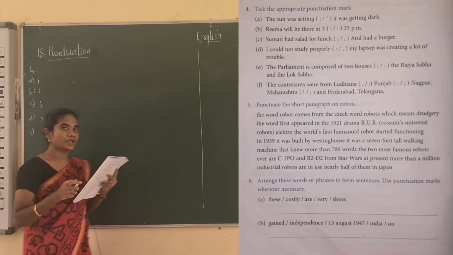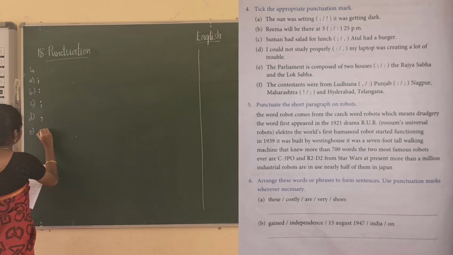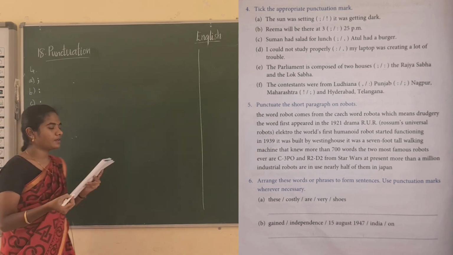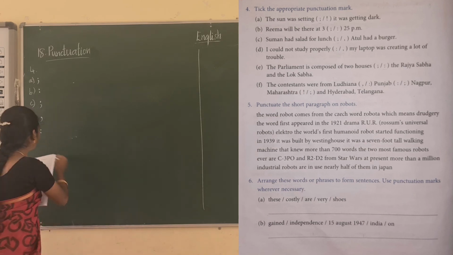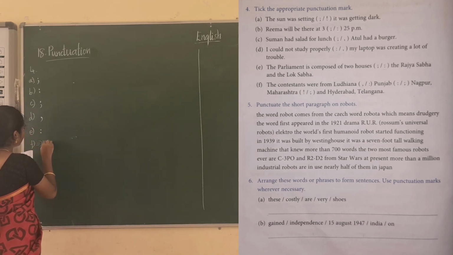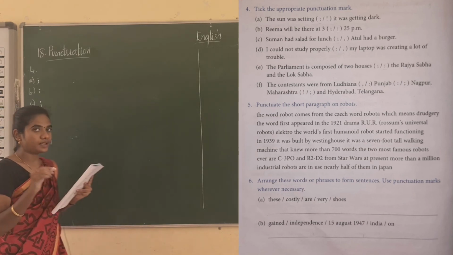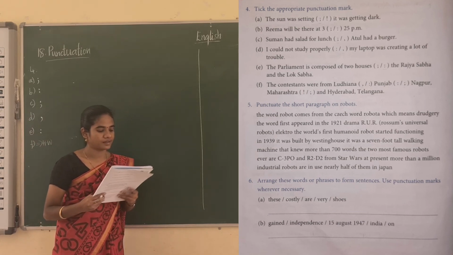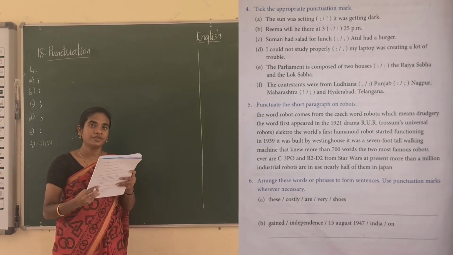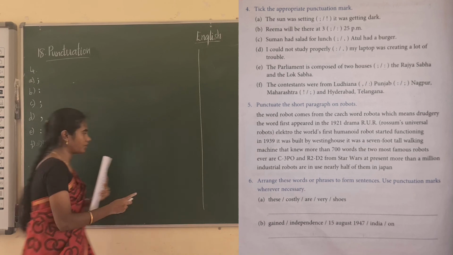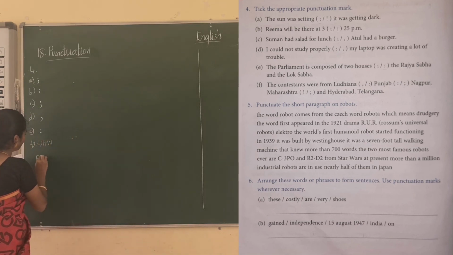So here you have to put a colon. Then F is the homework for you. You have to tick the correct punctuation mark here. And the fifth exercise is the homework for you.